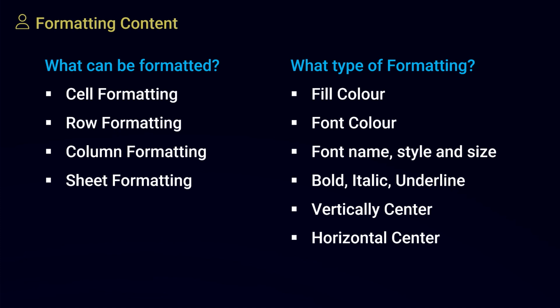Sometimes you make the font smaller, sometimes bigger. You can apply bold, italic, or underline, whichever is needed as per the requirement. You can vertically center your content in the cell, and you can horizontally align your content in the cell. What are all these? We will do hands-on and learn shortly.